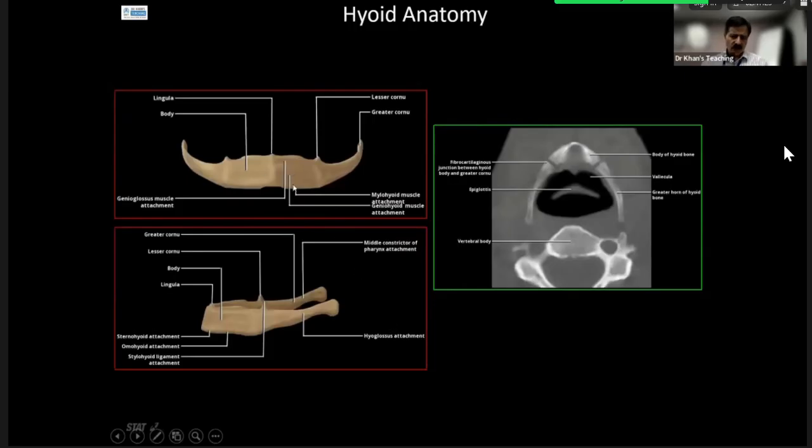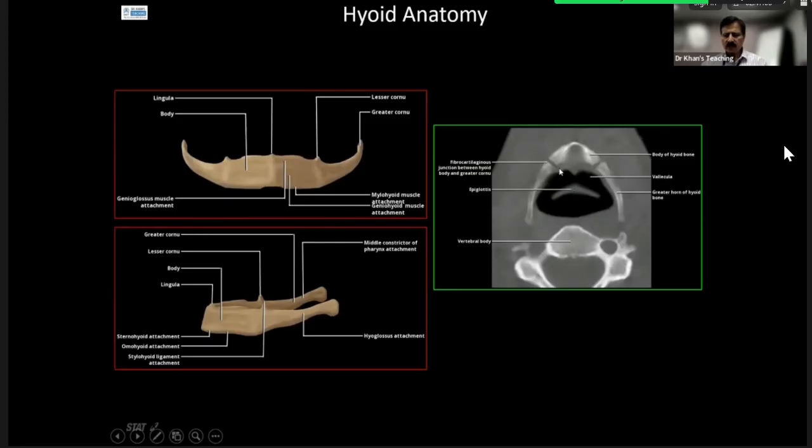Look at this structure. So this is the body of the hyoid bone, and two names you should remember: the lesser cornu and the greater cornu. So this is the lesser and this is the greater cornu.